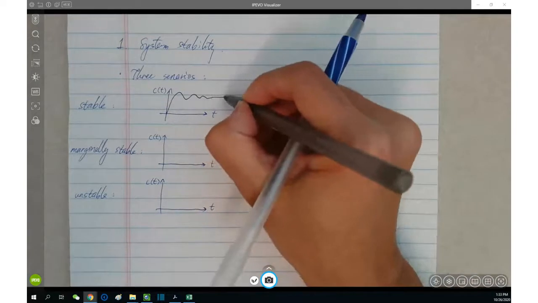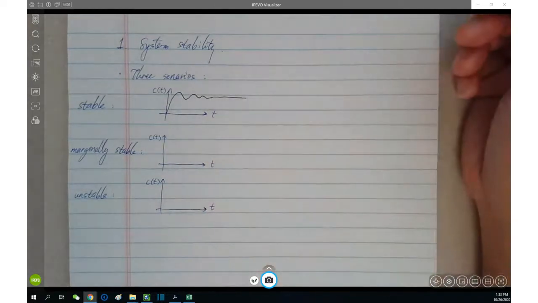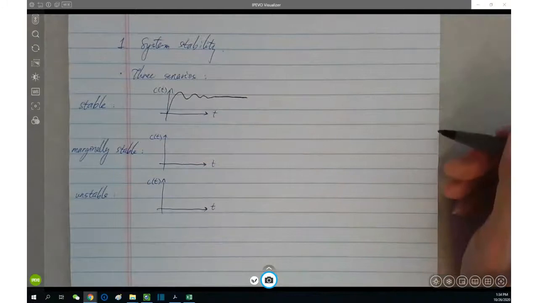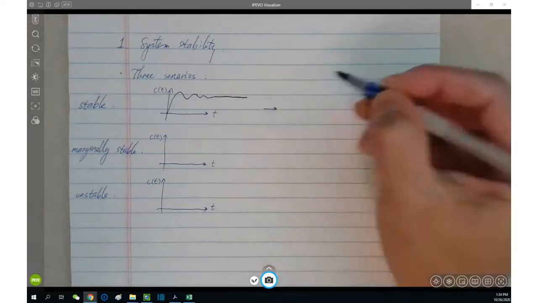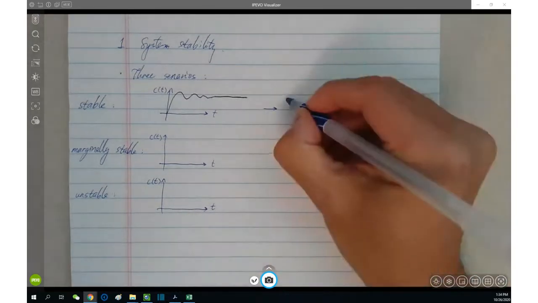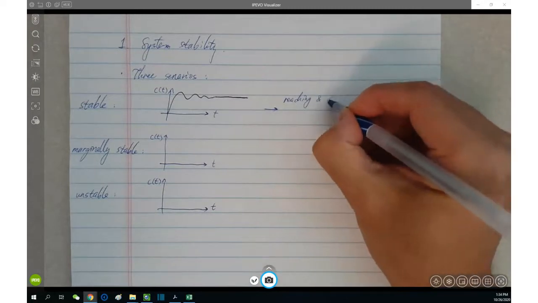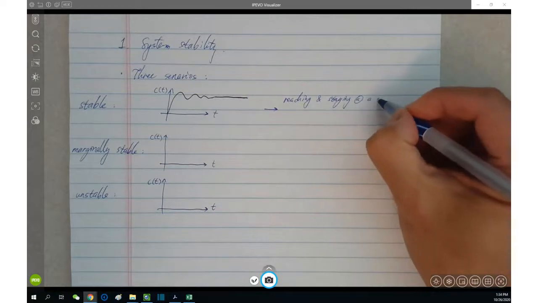But no matter what, eventually you reach and stay at a steady state value. Flat line here. That's what I mean. Stable. And when you describe this phenomenon, you say it is reaching and staying at a steady state.